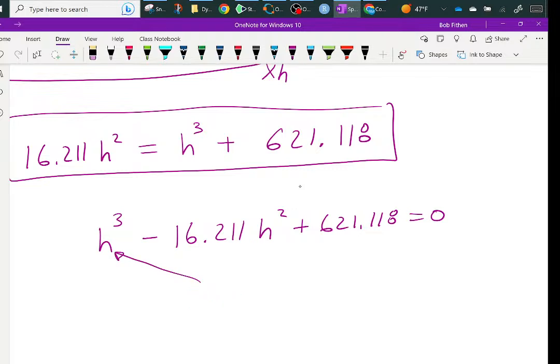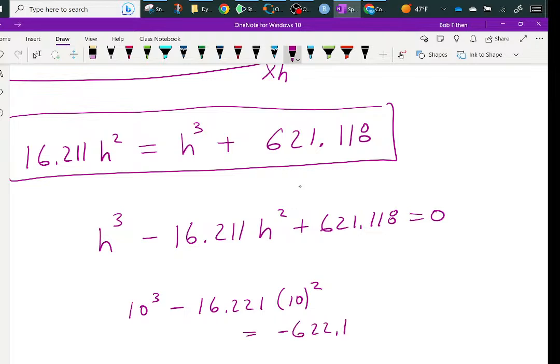So I'm going to put in 10 cubed minus 16.211 times 10 squared, and I'm going to try to calculate that. Let's see what that would give me. And that's going to give me equal to minus 621.1.